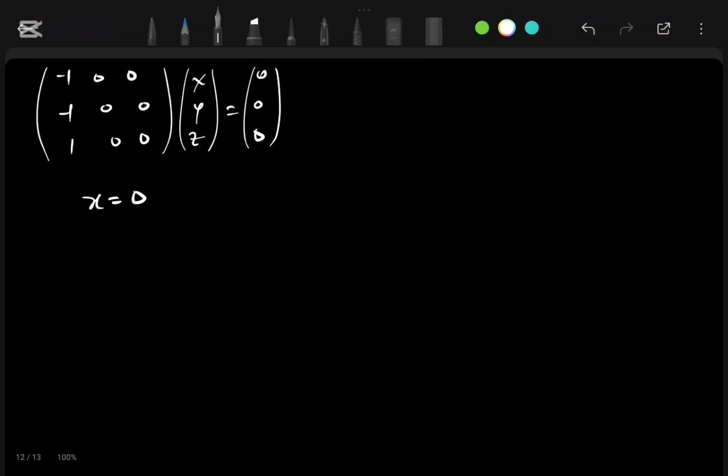We don't need a trivial solution. We need a non-trivial solution. So what we will do is let y be equal to t and z be equal to s. Doing this, we will let our v2 be equal to our x component, which is 0, y component t, and z component s.